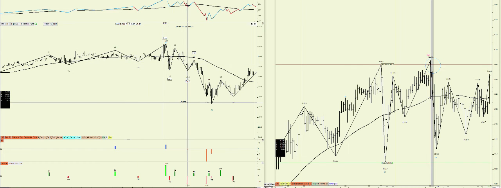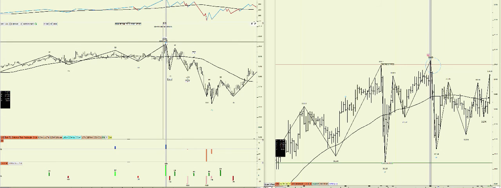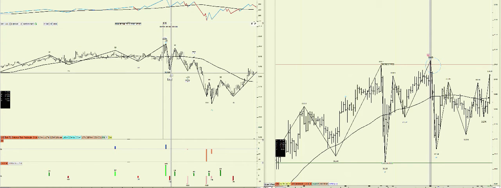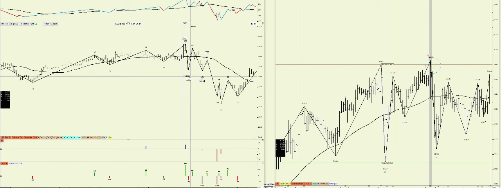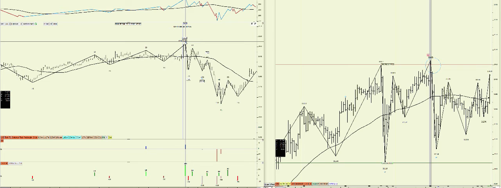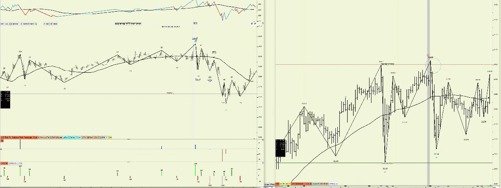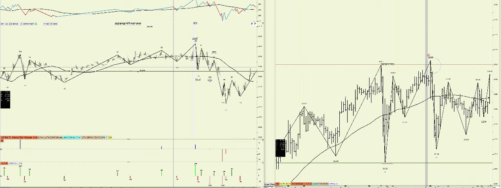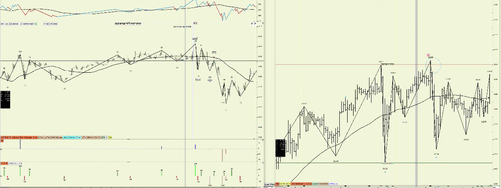All right. But what if you still were confused and said, I don't know. The other thing to note here is this 73 is not low. It's low in relative comparison to the climax, but it's not low in relative comparison to the last three down waves.